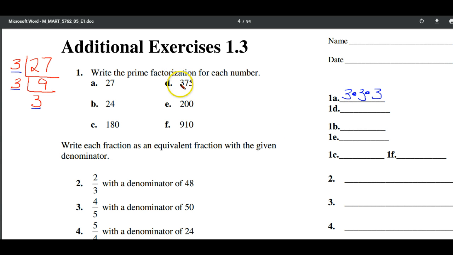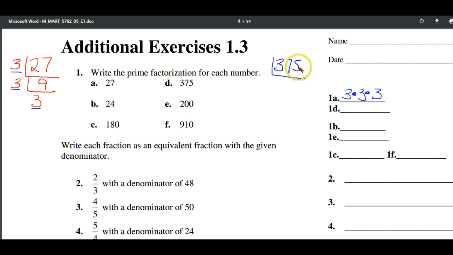And if we did this one here as well, we're not going to do them all, just to give you an idea. So this would be 375. Again, it's not even. We could take out a 5, but we want to take out the lowest prime factor first. So let's use the rule of threes on this. 3 and 7 are 10.